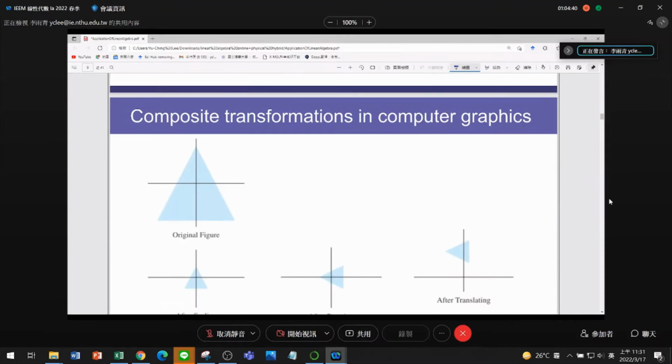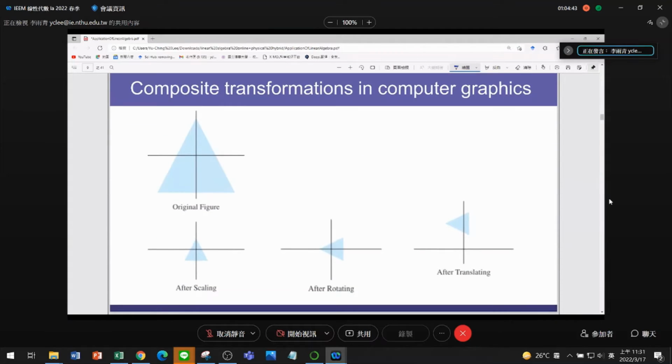Okay, so here's a graph showing the process. We have an original figure, and then we scale it by 0.3. It becomes a smaller figure. And then we rotate 90 degrees, so it becomes an arrow pointed to the left.